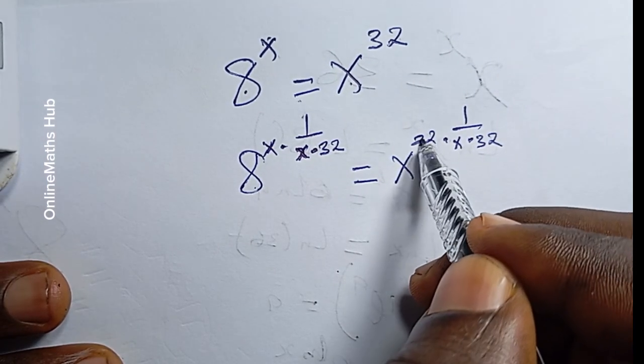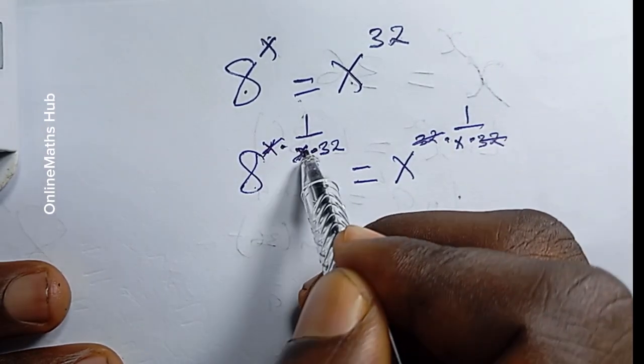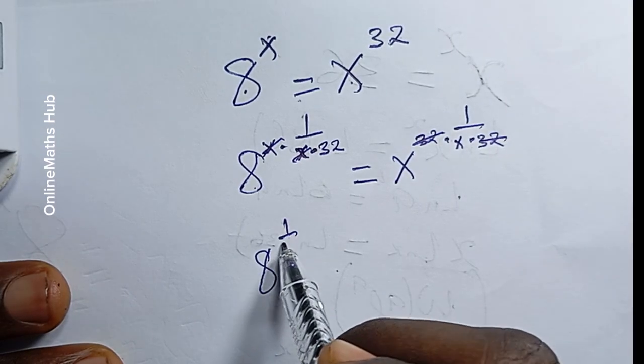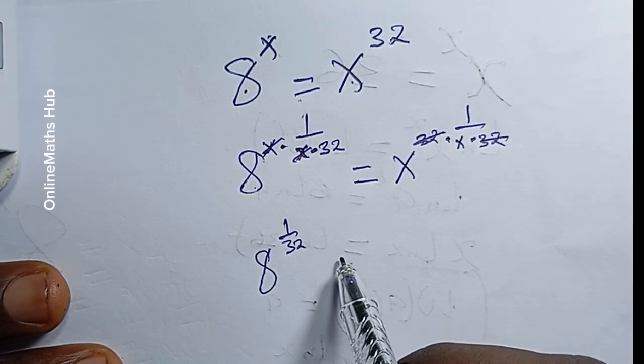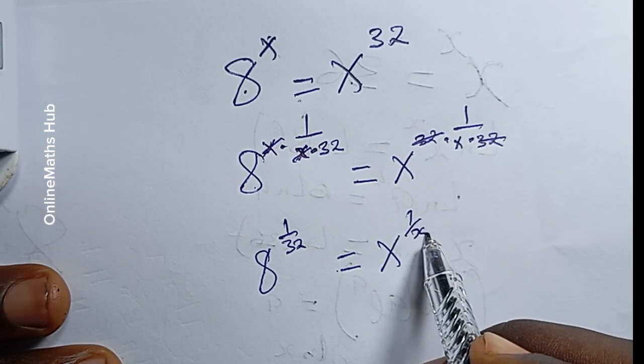So at this point you can see that this 32 can actually cancel this, and then this x will also cancel this, so you are left with 8 power 1 over 32 is equal to x power 1 over x.